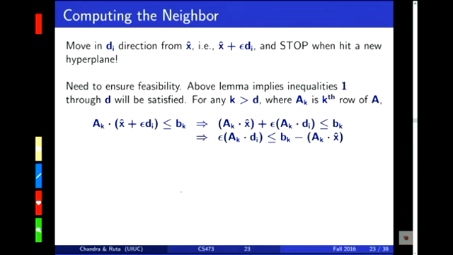If you simplify the entire thing, you get that epsilon should be at most bk minus ak times x hat divided by ak times di. Okay, it's just algebra.